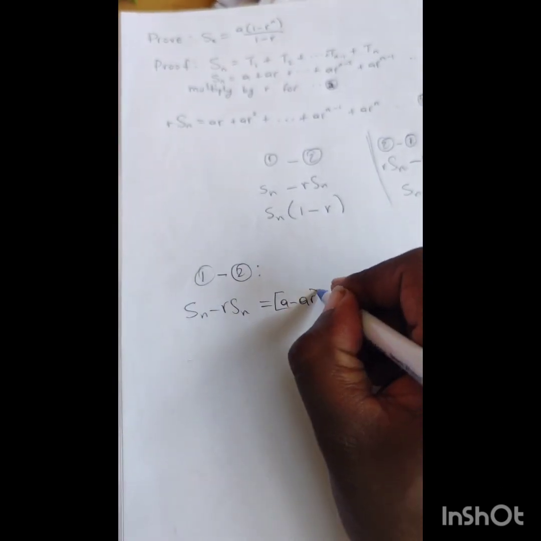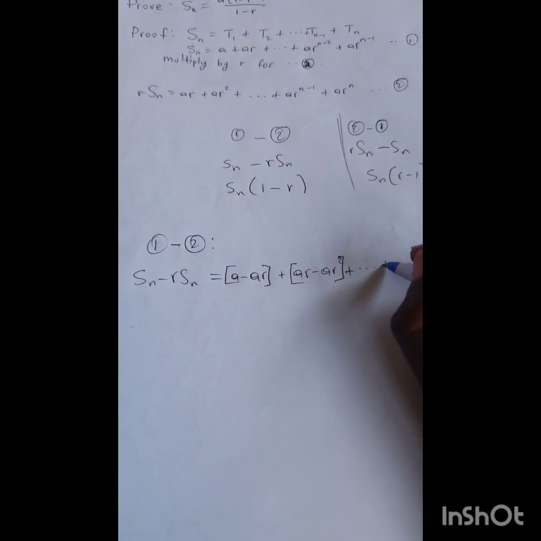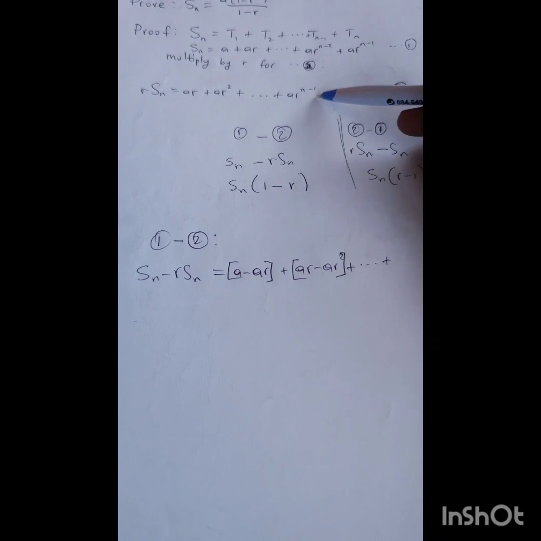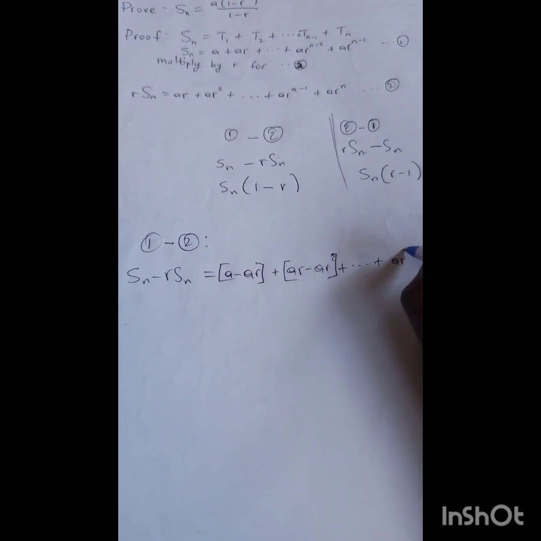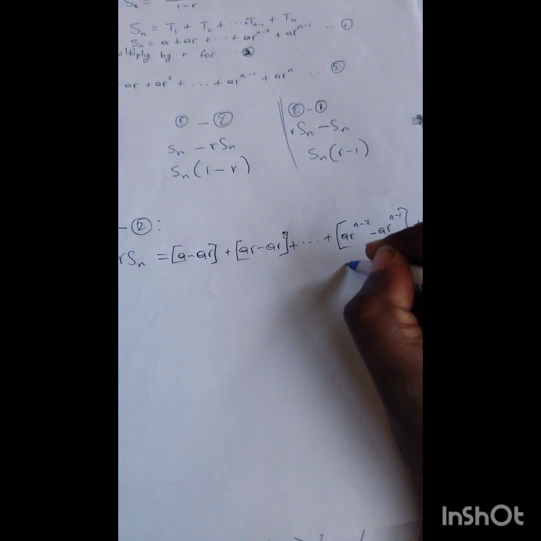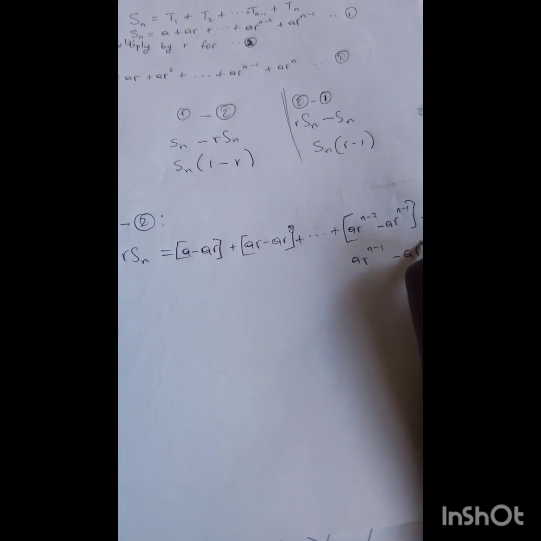So this is like term number 1 when I subtract it, and then I continue like that until the last one, which will be almost the same thing. It's AR to the power n minus 2 minus AR to the power n minus 1, and then the very last one is AR to the power n minus 1 minus AR to the power n.